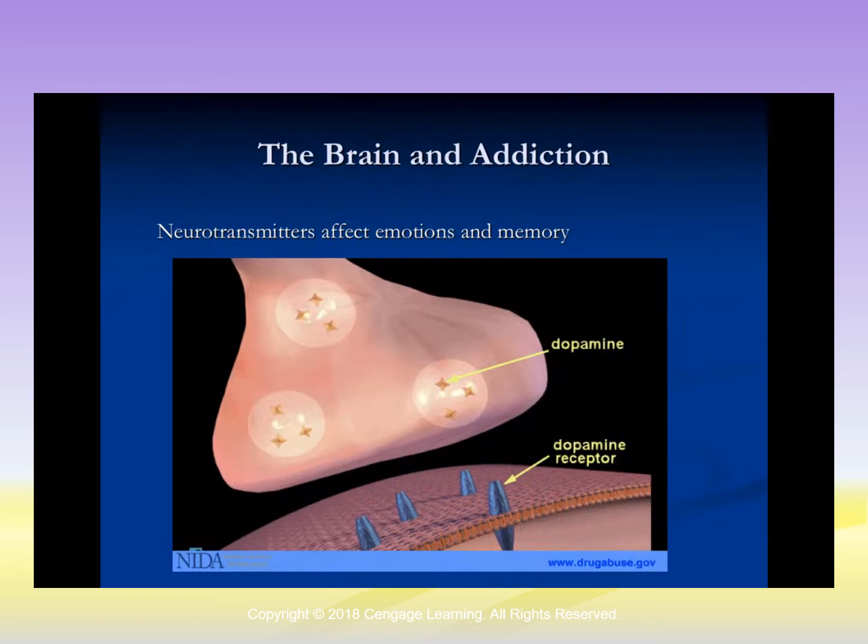Normally, dopamine is then recycled back into the transmitting neuron by a specialized protein called the dopamine transporter. So here we have dopamine, and then we have the receptor. So normally, what's not used will go back in. If cocaine is present, it attaches to the dopamine transporter and blocks the normal recycling process, resulting in a buildup of dopamine in the synapse, which is right here, that contributes to the pleasurable effects of cocaine.